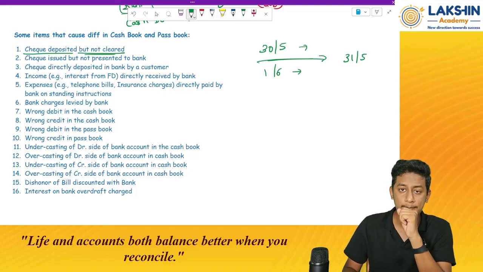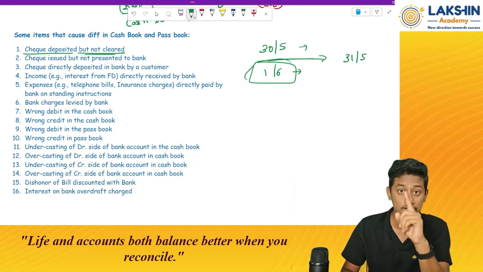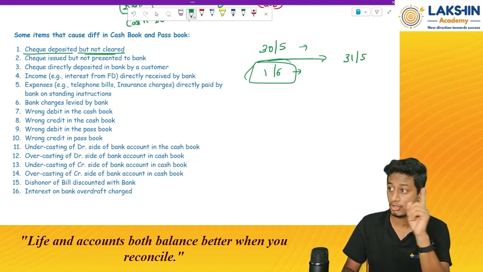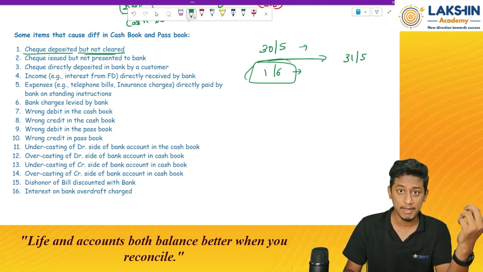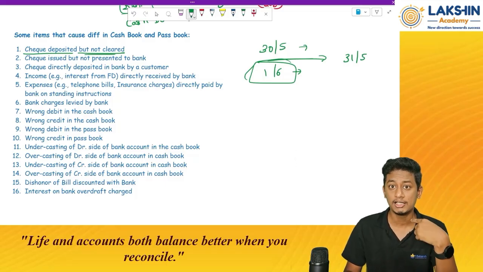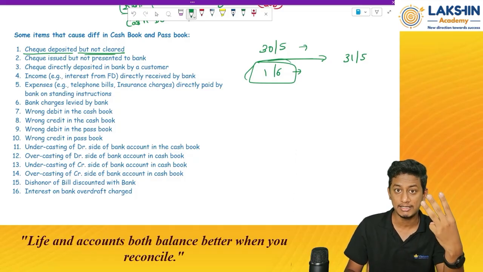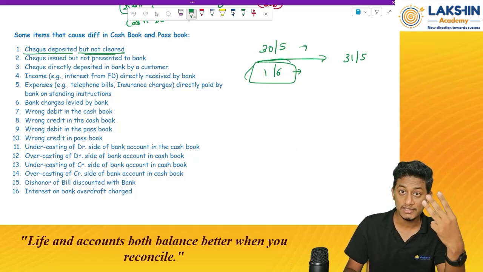But coming to my bank passbook, when will the amount be credited to my bank? On 1st of June and not on 30th May, because the bank will send the cheque to the clearing bank. It will again take the cheque, approve it and give it back to me with the money supposed to be received by my bank, right? From the customer's bank to my bank. It might take 3 days. So because of this, there will be a difference.